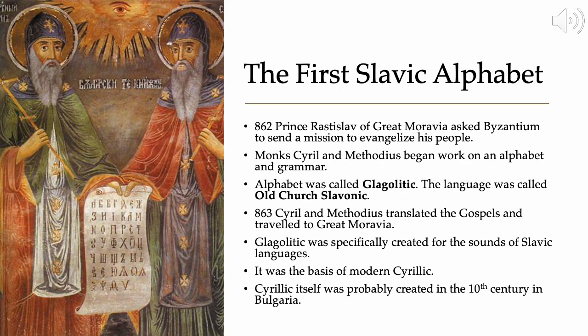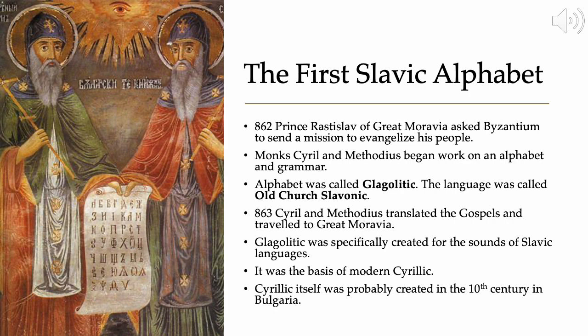And so in 863, Cyril and Methodius translated the Gospels using the alphabet and the grammar that they had created and traveled to Great Moravia. Again, this is somewhere sort of Prague-ish, in order to be the mission to the Moravian people.